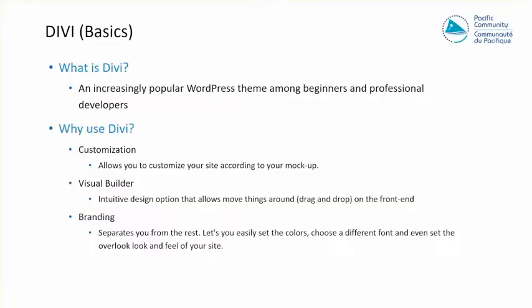It used to be separate before. You get a Divi theme and then you get Divi builder, but now it's incorporated into one. So why we use Divi is because of the customization, the visual builder, and it allows you to brand your site with the default sets of the palettes of colors it provides, which you can choose from, and even use your own colors as well.